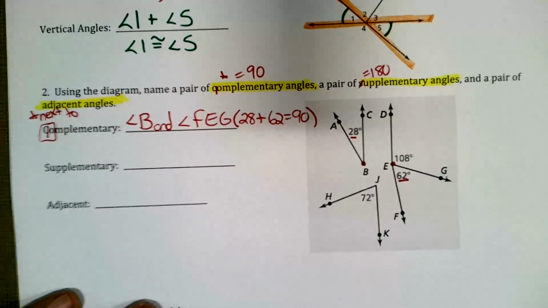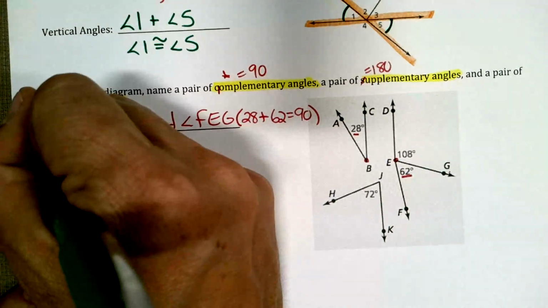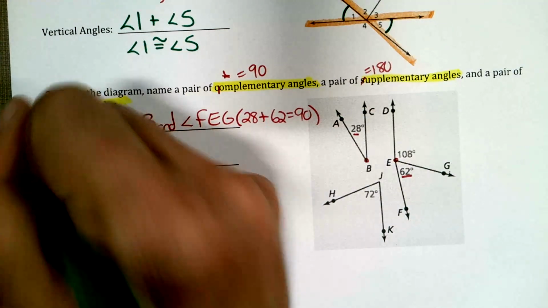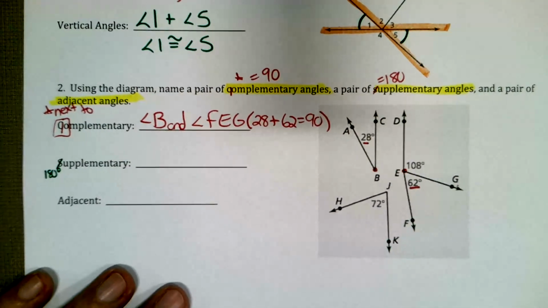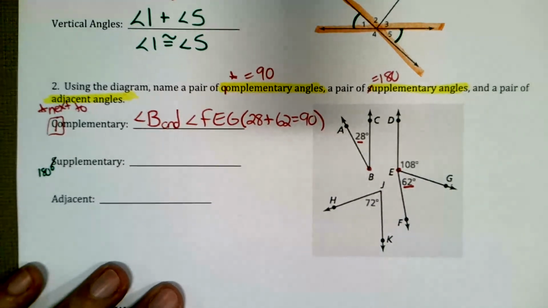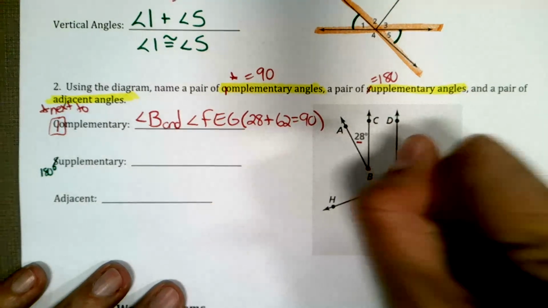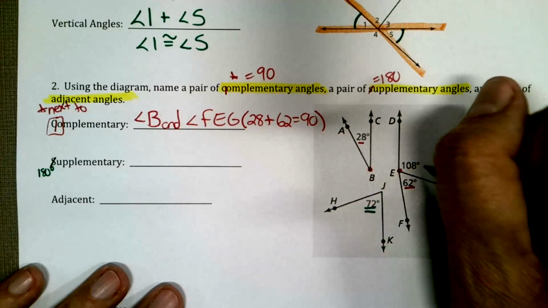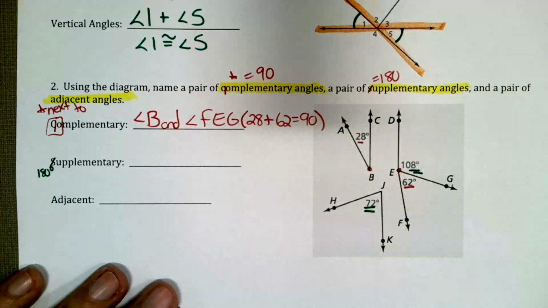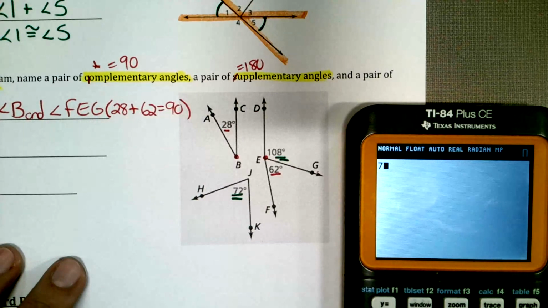Next, the supplementary pair. So this is our ones that add up to 180. So again, seeing what we can add to 180, 72 plus 108, and you can check on your calculator if you're unsure, is 180.